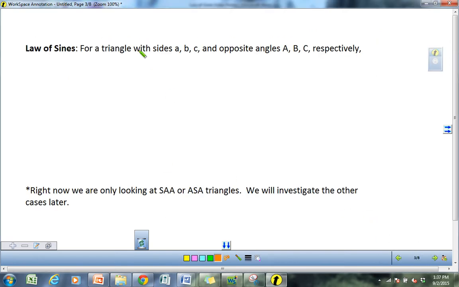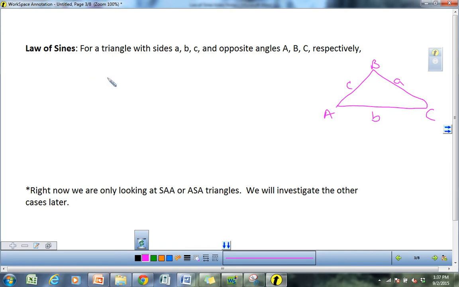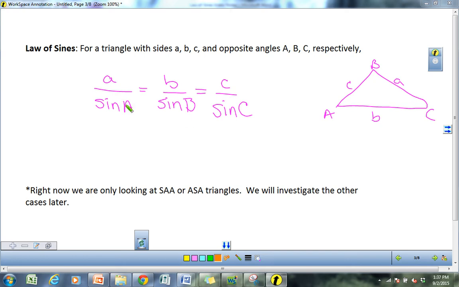So our theorem for this, and let me redraw our triangle. You don't have to since you already have it on your paper. But if we have triangle A, B, C, with sides c, a, and b, the law of sines tells us that side a over sine A is equivalent to side b over sine B, which is equivalent to side c over sine C. Now, normally you're only going to be using two of them at once.